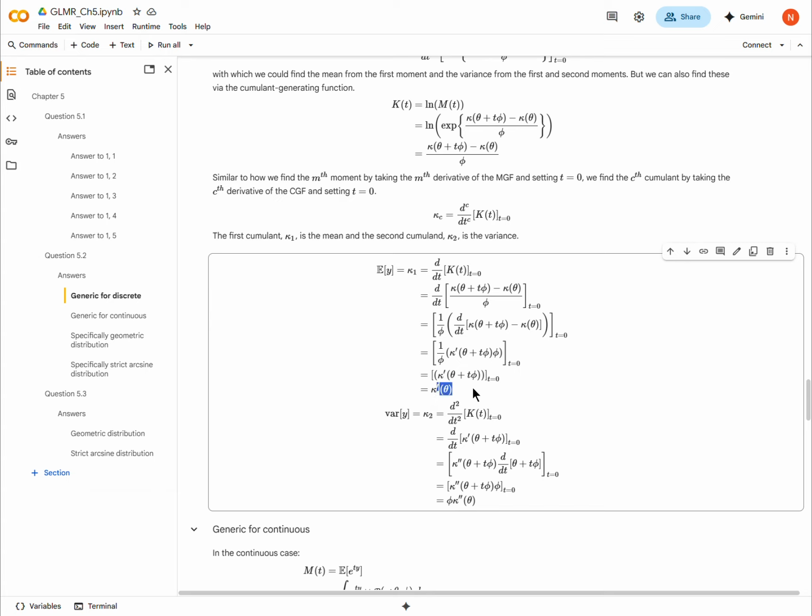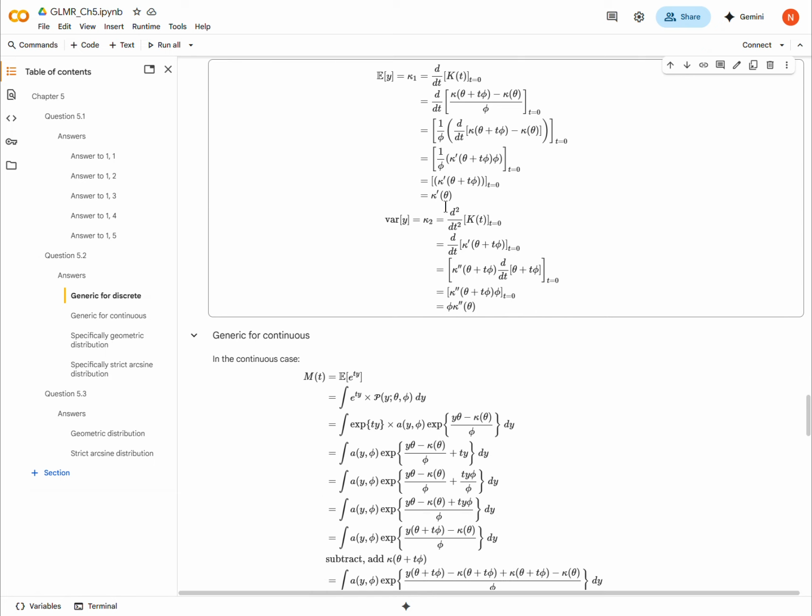In fact, this is just proving that the expected value of y is the first derivative of the cumulant. Then similarly for the variance, we just take the second derivative of the cumulant generating function, push through, and we get that expression right there, just as promised above.